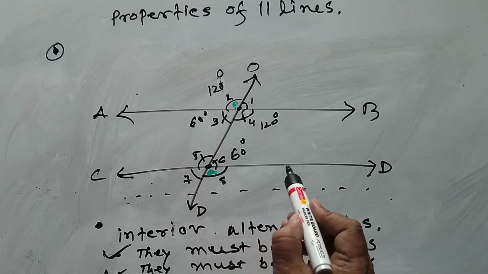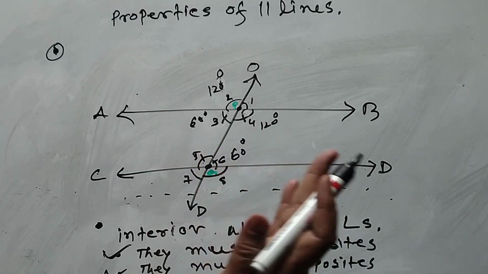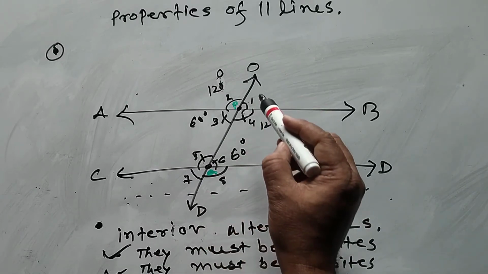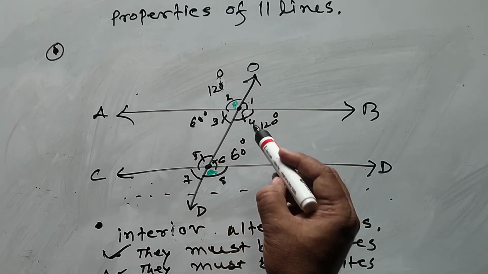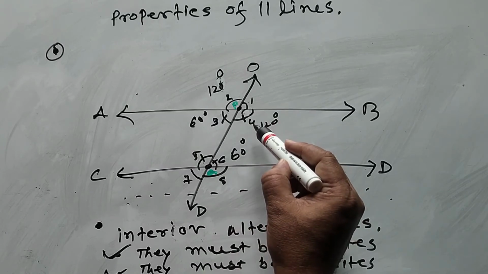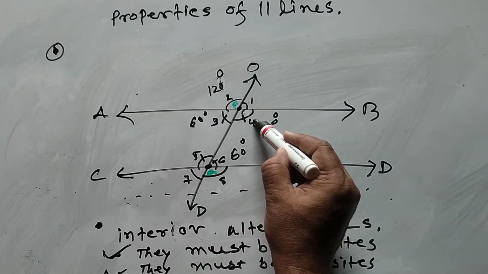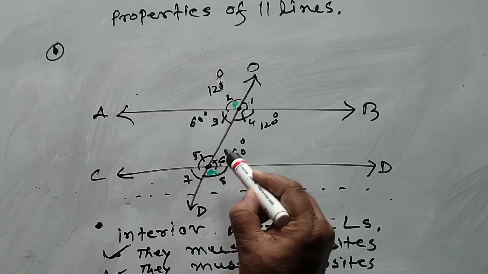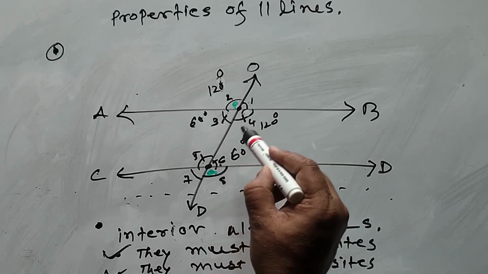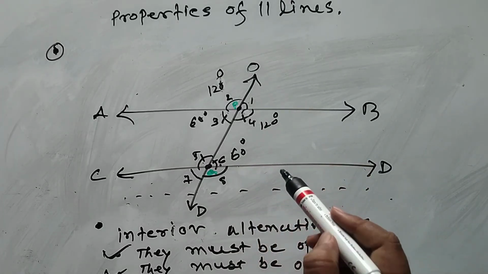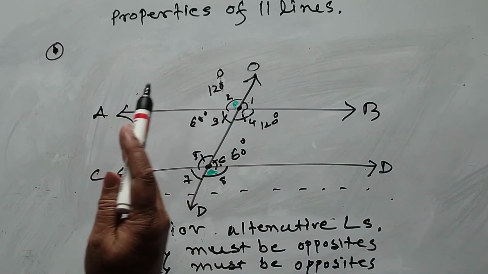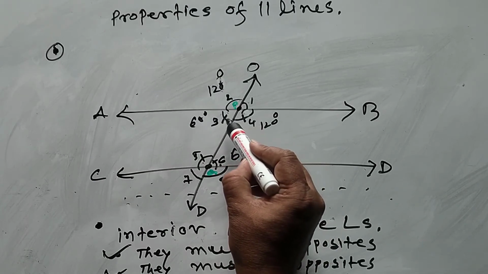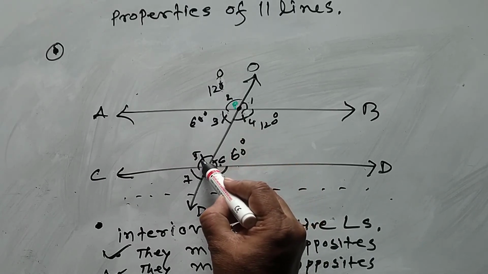This says that on one side of the transversal, here according to the drawing, transversal OD, the consecutive or co-interior angles are angle 4 and angle 6. If we go to the other side, the co-interior angles are angle 3 and angle 5.